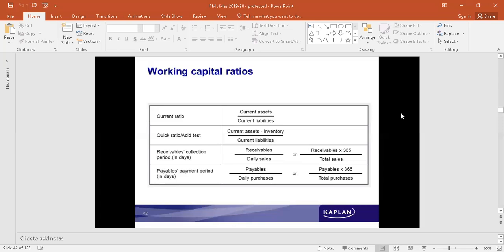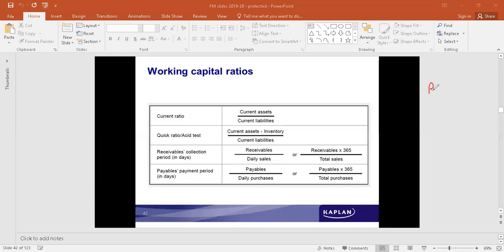Because we are not doing management accounting, the logic, formula wise, what is turnover ratio? Turnover ratio is equal to turnover divided by the other variable. So turnover is sales, sales divided by receivables. That gives us receivables turnover. I'm only explaining one aspect of it.